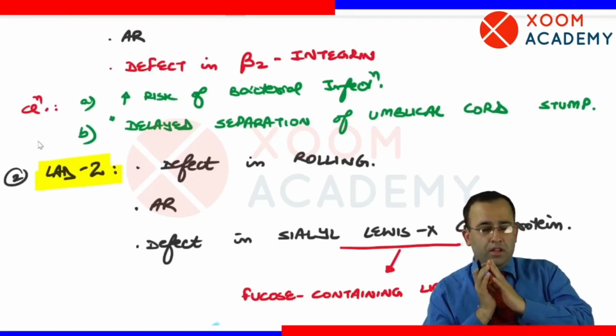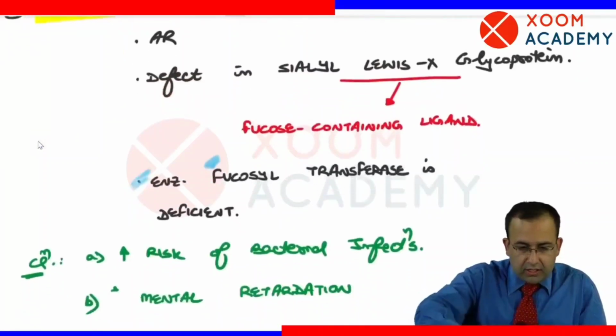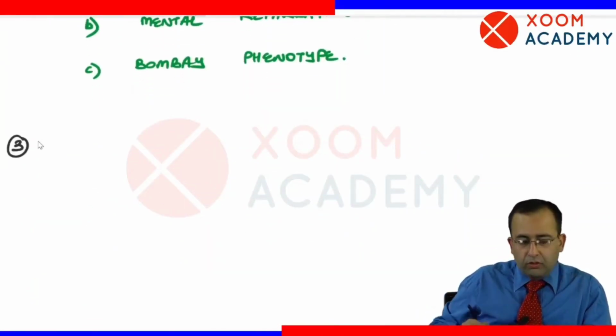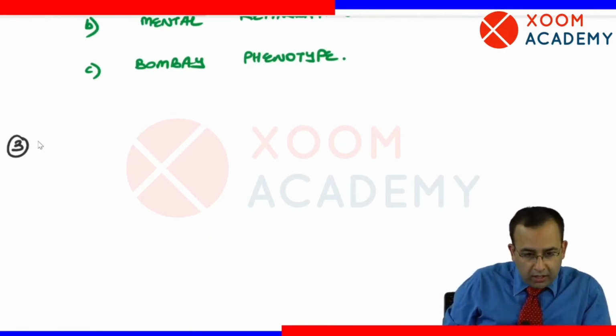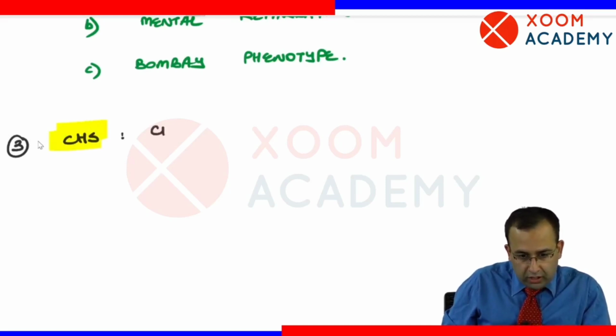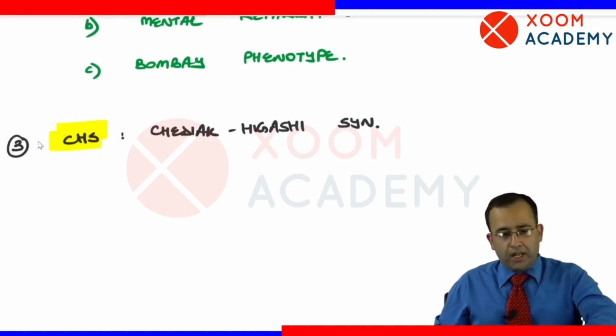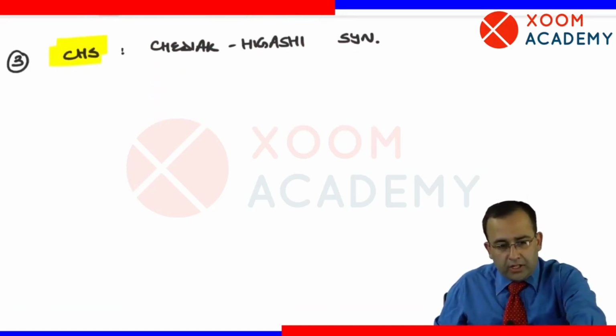Next point. This gets us to our next disease of innate immunity, that is CHS, Chediak-Higashi syndrome.